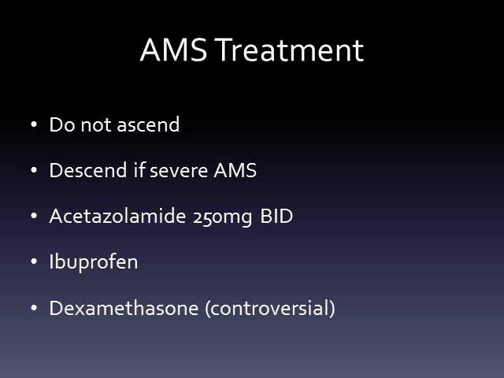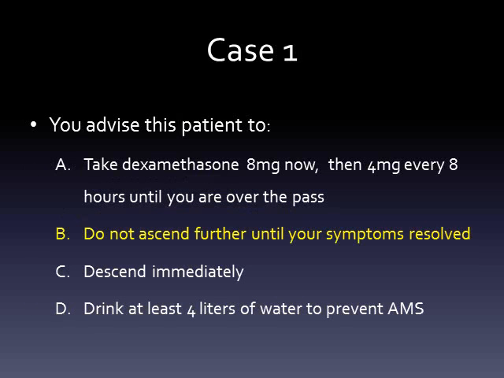Ibuprofen for headache, and dexamethasone can also be used to treat AMS, but its use is controversial, as it is also the rescue medication for people suffering from HACE. So in this case, you advise your patient to not ascend any further until the symptoms resolve.